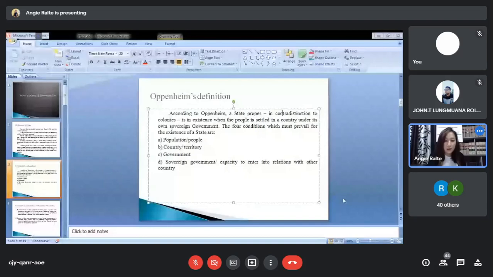In that convention, they give four qualifications of a state: people, territory, government, and capacity to enter into relations with other countries. The words they use are different, but most of them are the same.